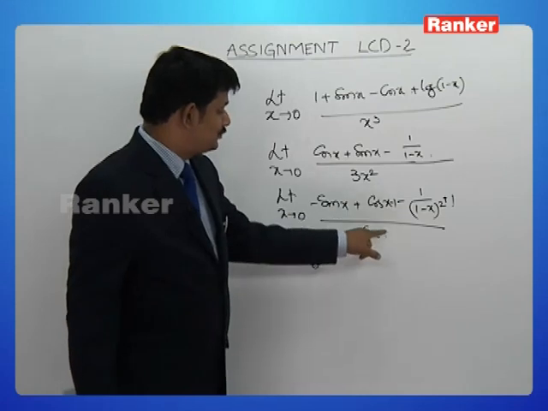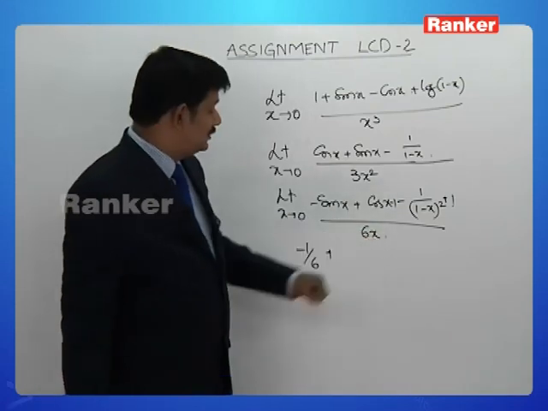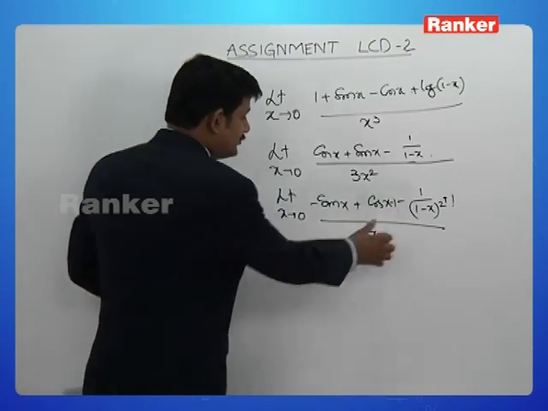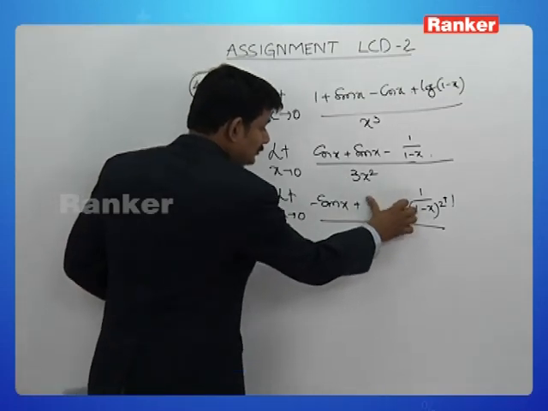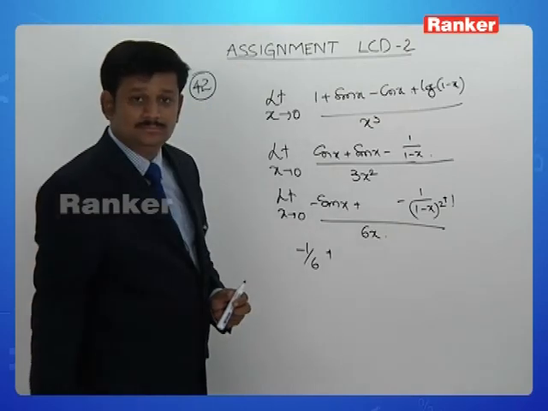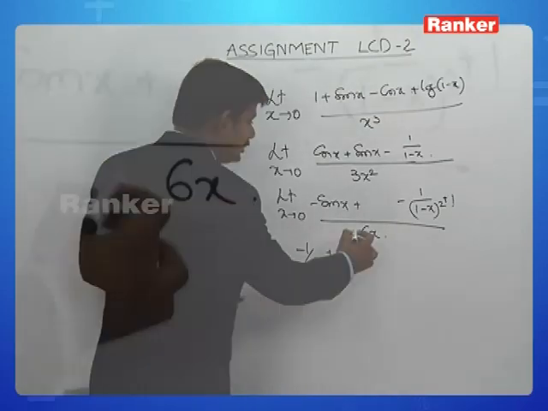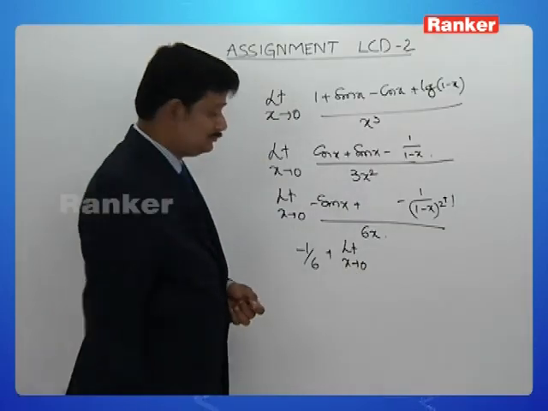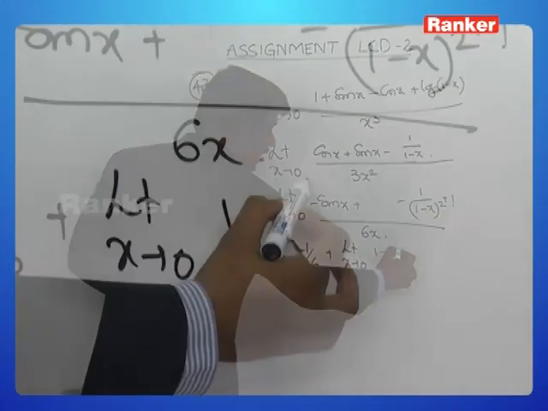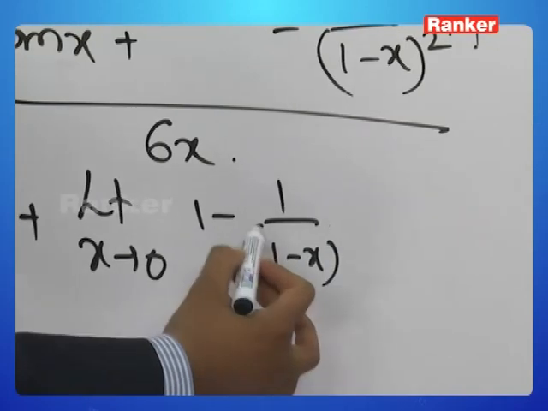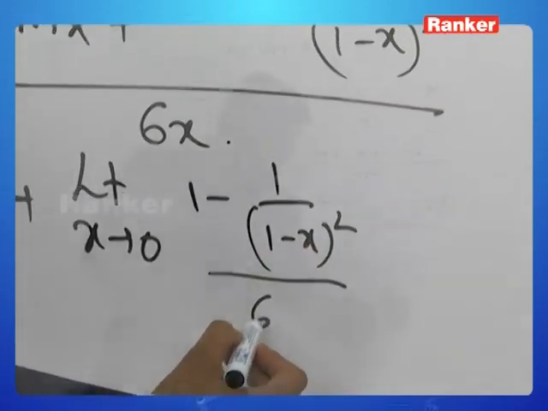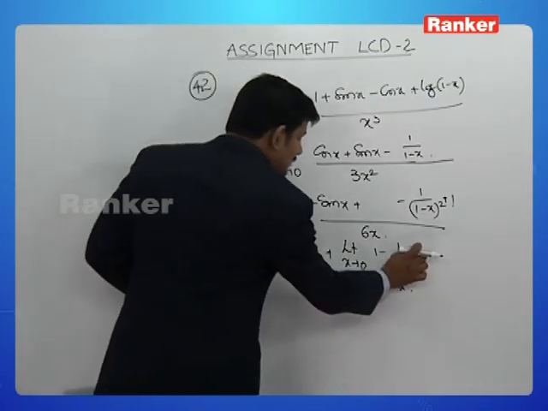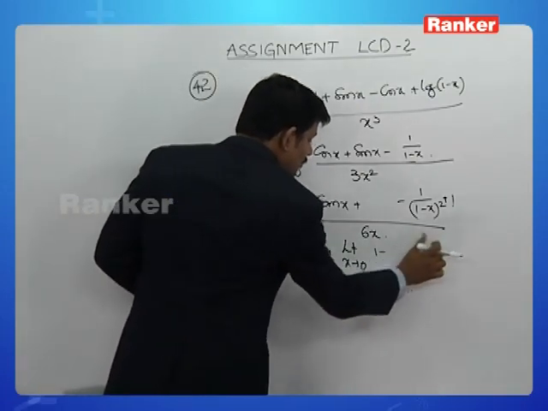So, cos x minus 1 by only x, this will tend to 0. So, this part of the limit is 0. So, we can as well erase cos x minus 1. So, we have the next part of the limit to be limit x tending to 0, (1 minus 1 by (1 minus x) whole square) divided by 6x. Or we can also write this as 1 minus (1 minus x) whole power minus 2.